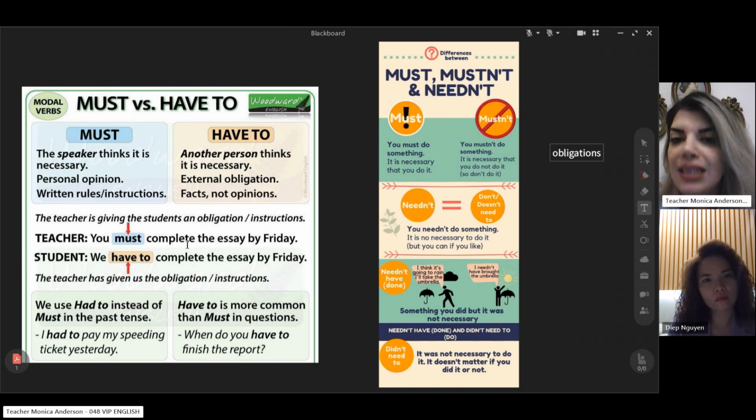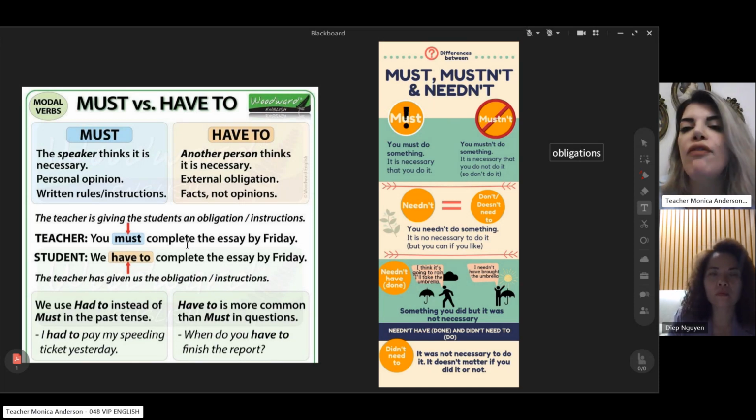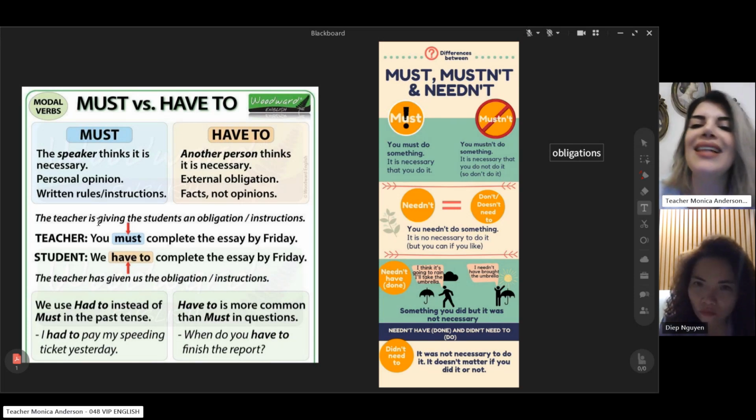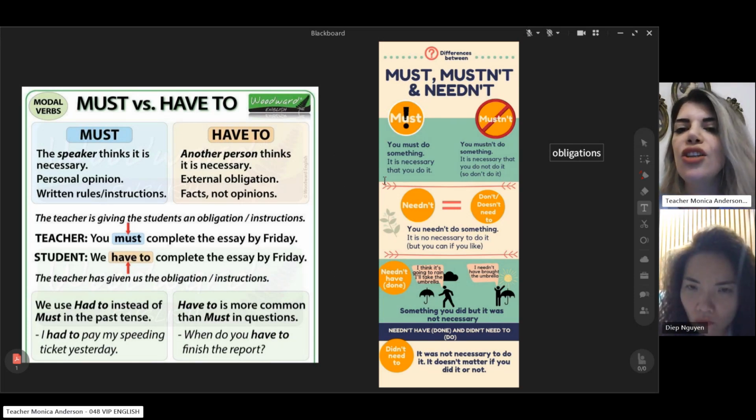And mustn't is used to express that it is necessary not to do something. For example, you mustn't do something. It's necessary that you don't do it. This is essential. Mustn't. And we have another one that is needn't, as you can see.